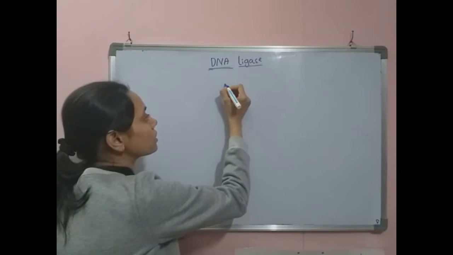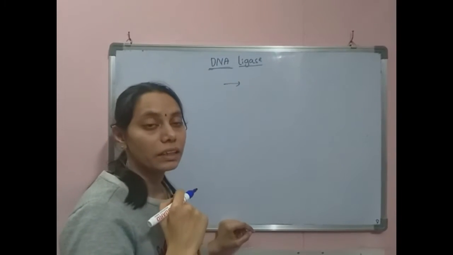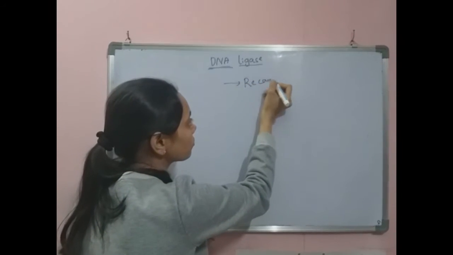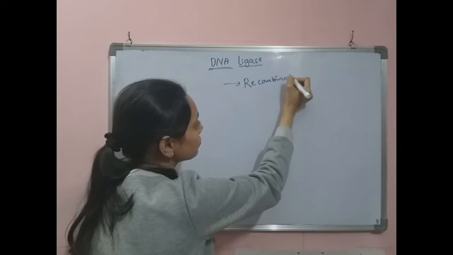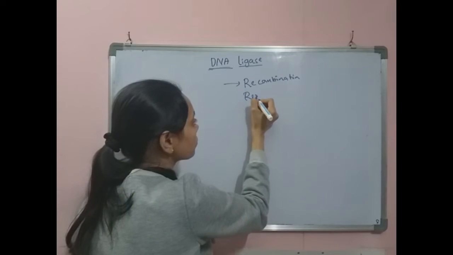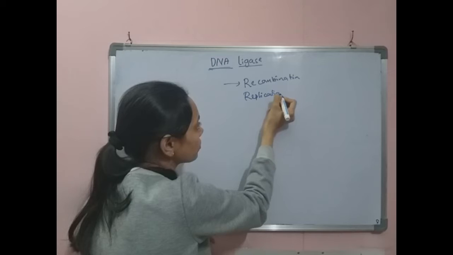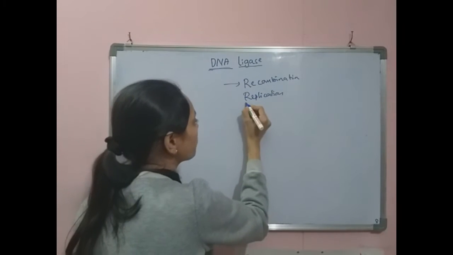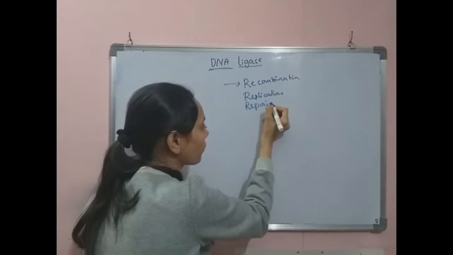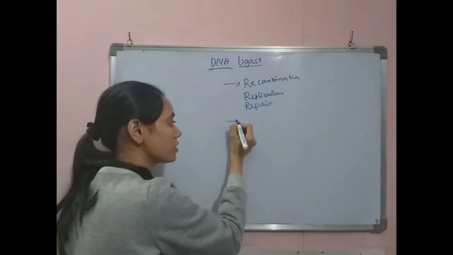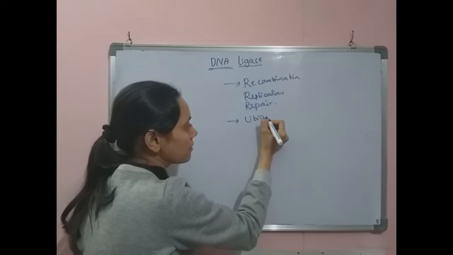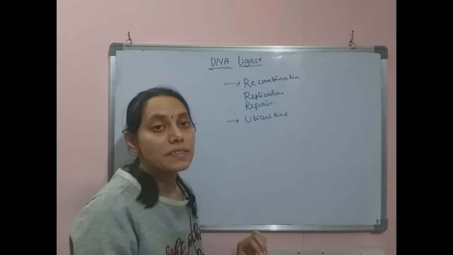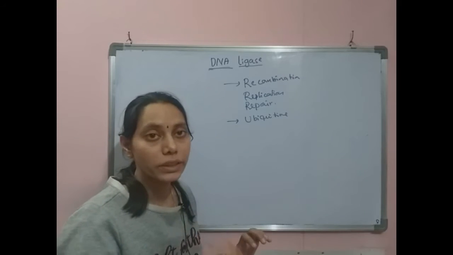So DNA ligase is basically an enzyme involved in DNA recombination, replication, and repair. It is a ubiquitous enzyme, and its presence is essential for the cell all the time.